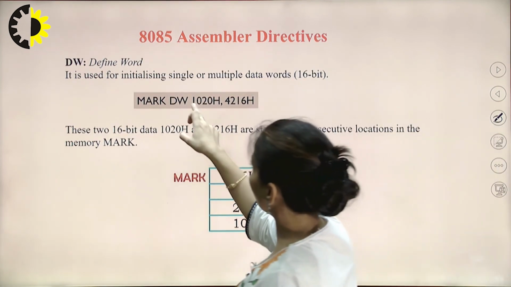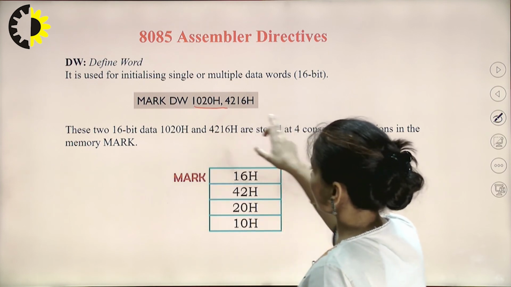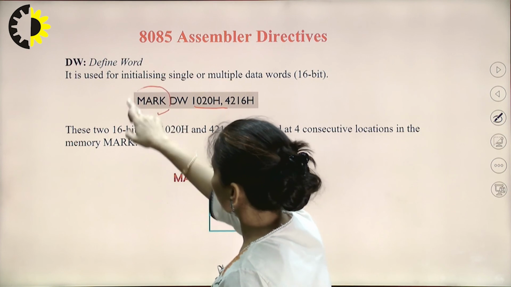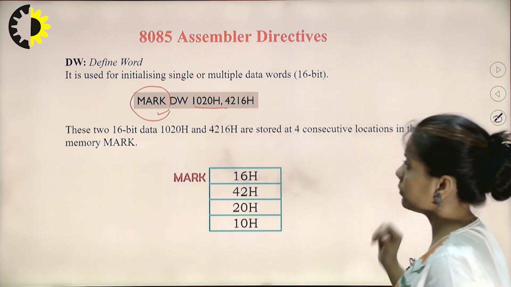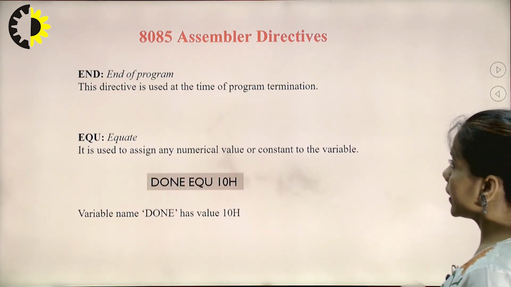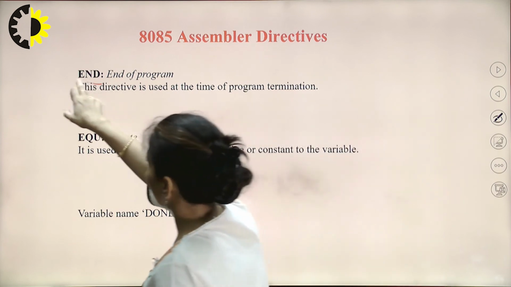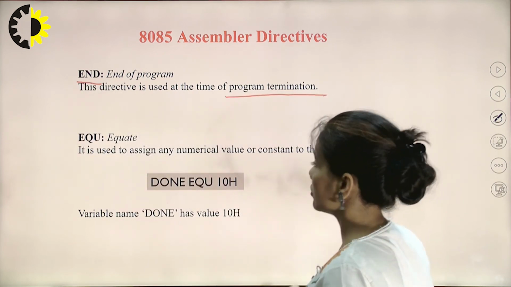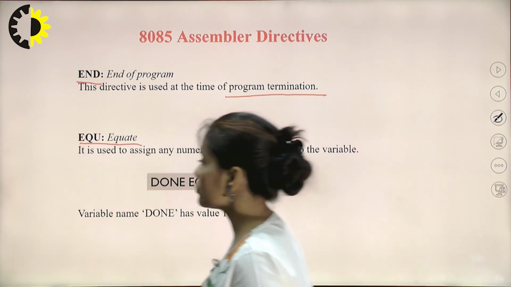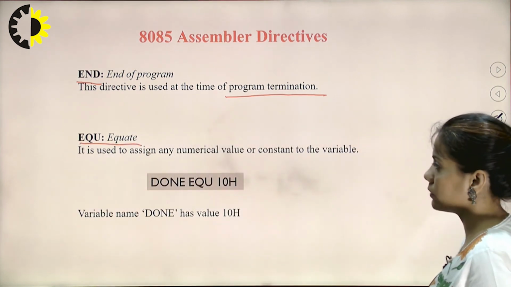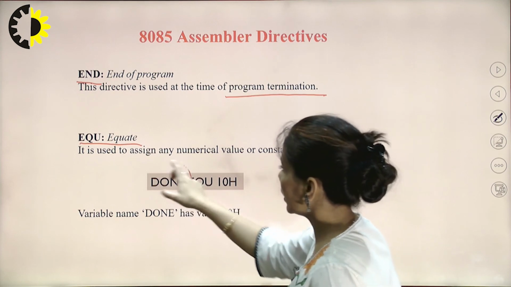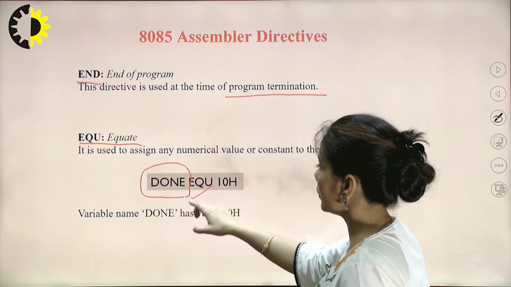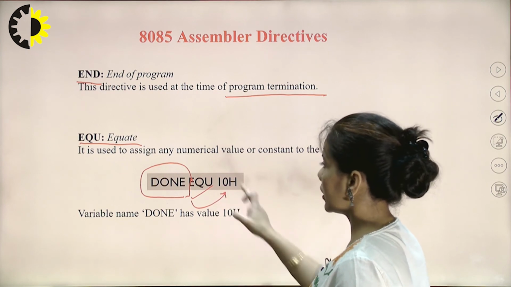Define word: 16-bit data can be allocated to memory marked by a variable name. END specifies the end of the program; this is the directive used at the time of program termination. EQU is used to equate a variable to some numeric value. With this example it can be understood that wherever the variable is used, it will be treated as the value 10H.